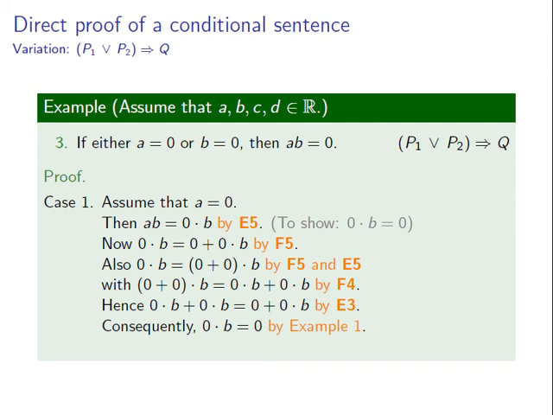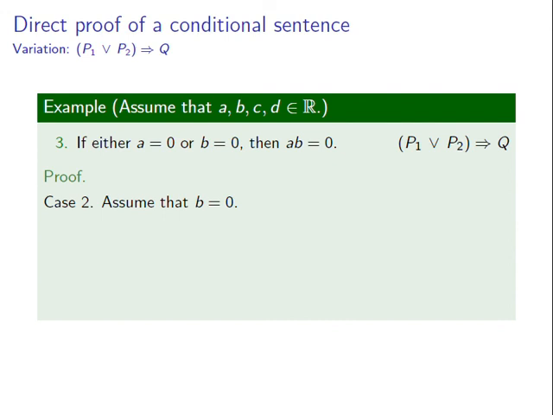Since we deduced earlier that AB equals 0 times B, it follows from the transitive property of equality that AB equals 0. This completes the proof for case 1.